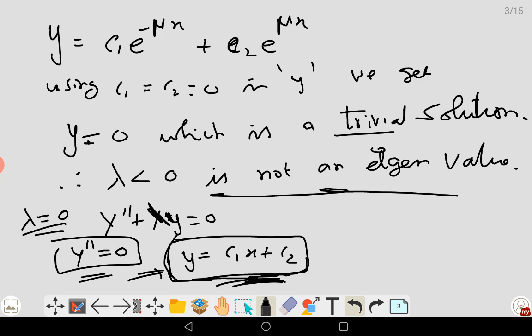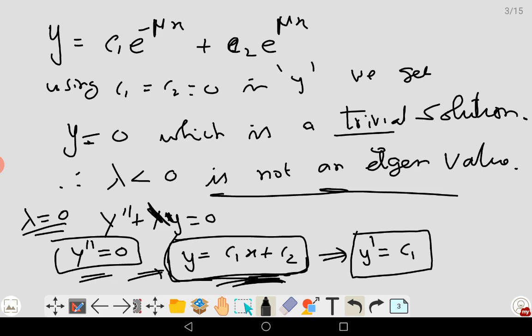Again we are going to find the values of c1 c2 by using the boundary conditions. For boundary condition we need 3 information. What is y prime? Differentiate y with respect to x, you will get y dash is c1, isn't it? Y dash is c1.